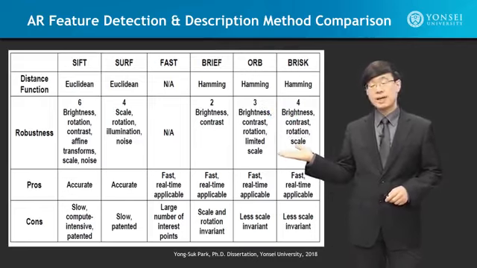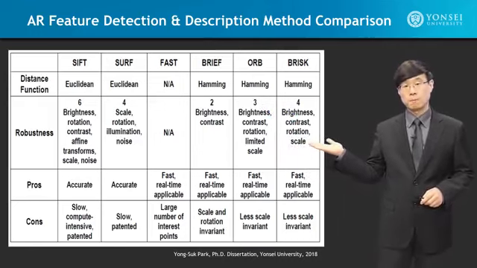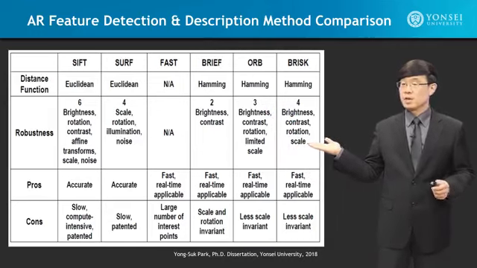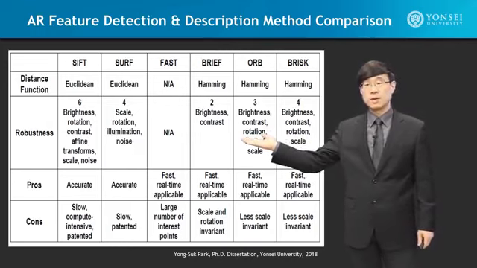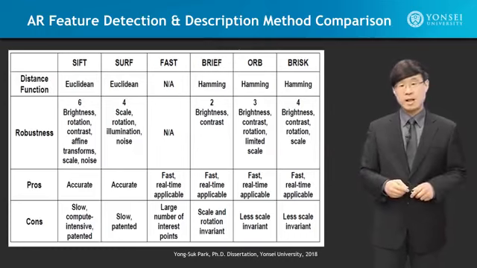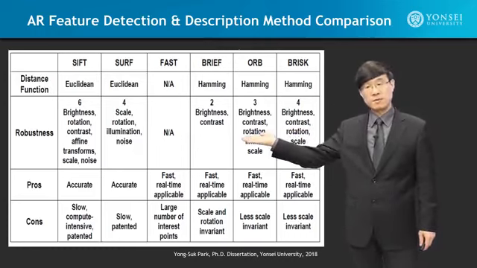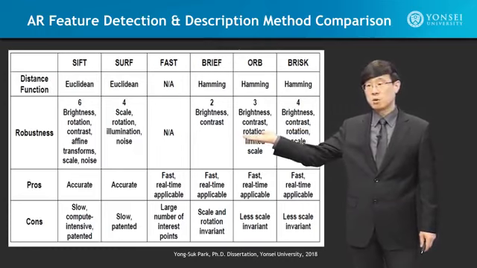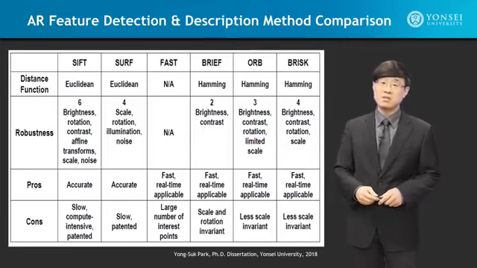Robustness. Look at the numbers on top, which are 6, 4, 2, 3, and 4. They are different, showing a higher robustness for SIFT and lesser numbers for the other algorithms. You can see why it's 6 for SIFT: in terms of brightness, rotation, contrast, affine transformation, scale, and noise, it's robust against all of these features.